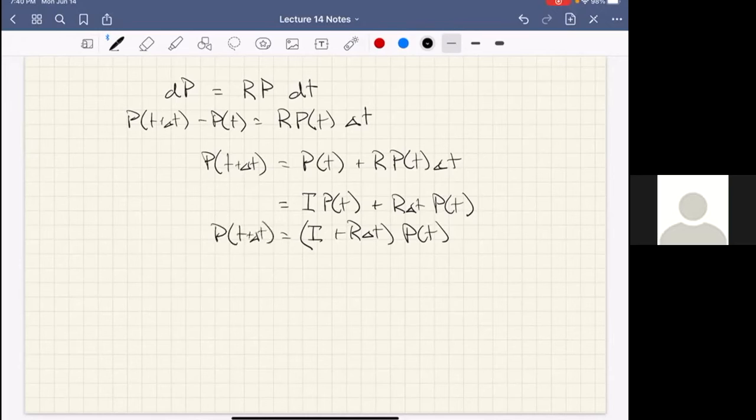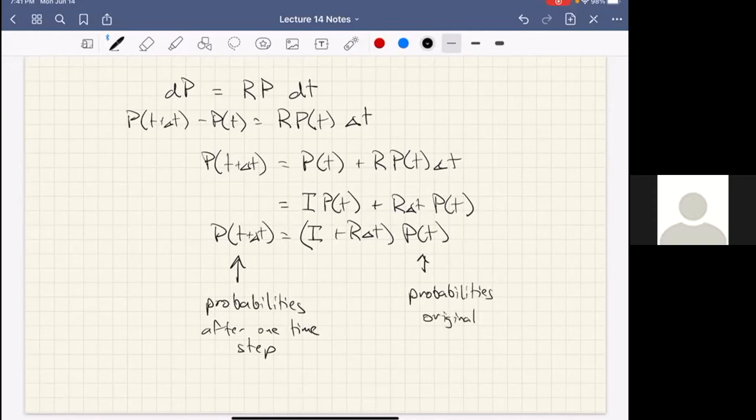So think about how this worked. What's going on now? This is the state occupancy probabilities after one time step. These are the probabilities originally, which makes this just one step of a Markov chain.